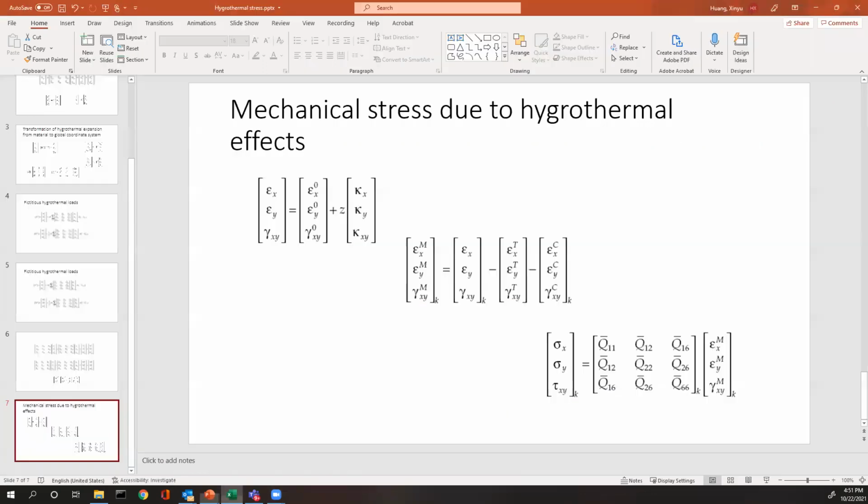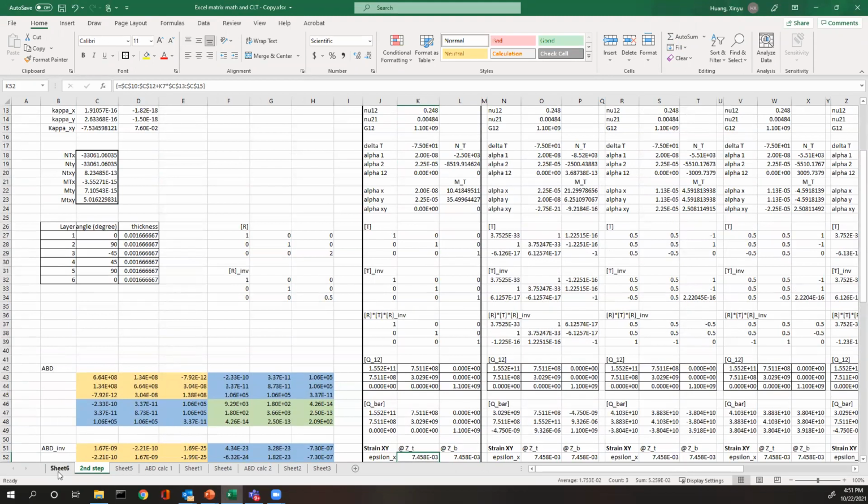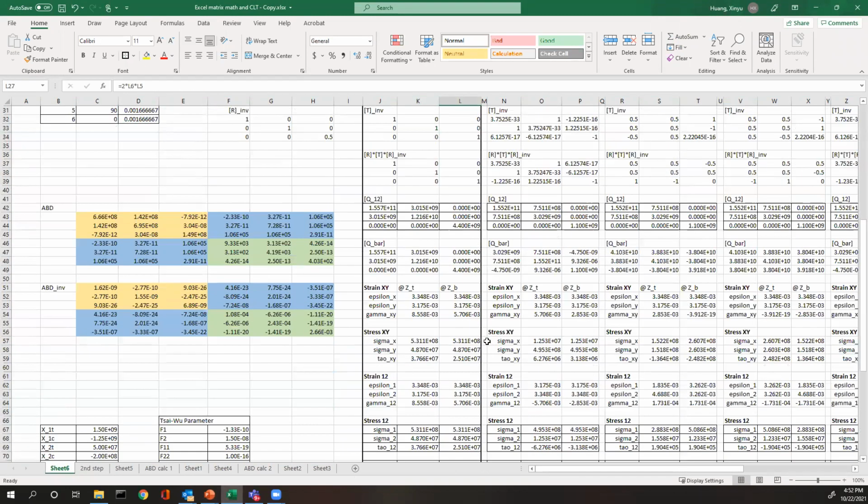Then I subtract thermal strain out of it. Let's see where I subtract thermal strain. Oh, the second step here. My strain.